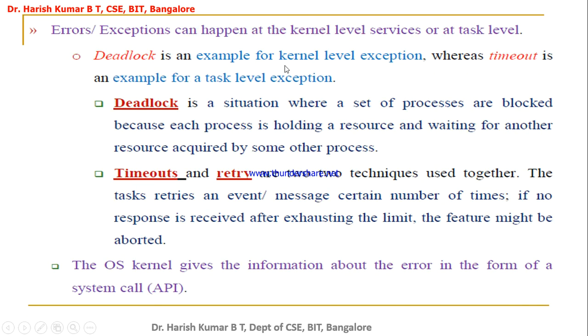Now deadlock, the explanation given here, is a situation where a set of processes are blocked because each process is holding a resource and waiting for another resource acquired by some other process, and if the same continues, we say it is in a deadlock situation.